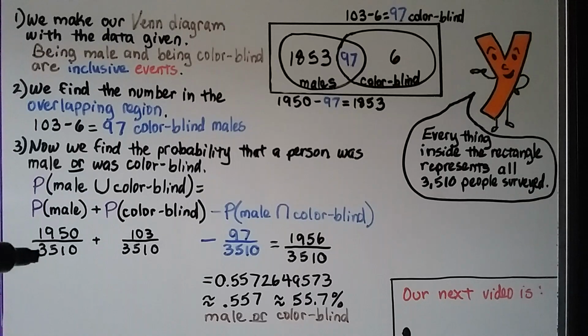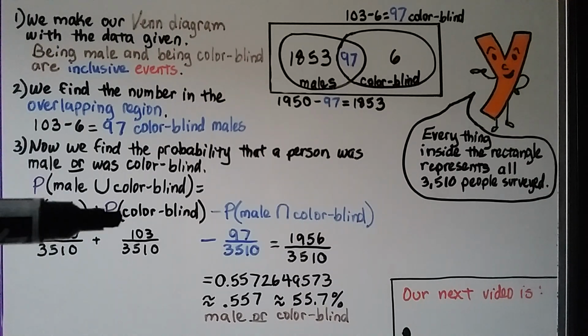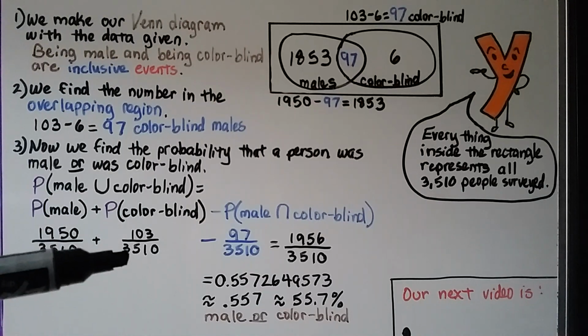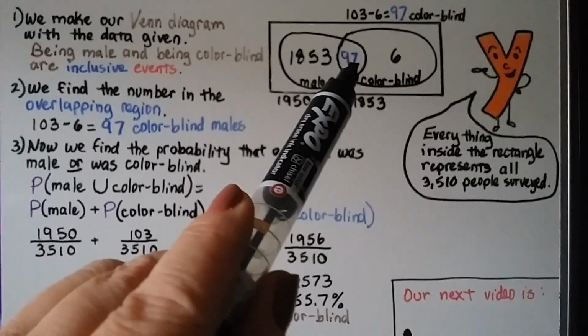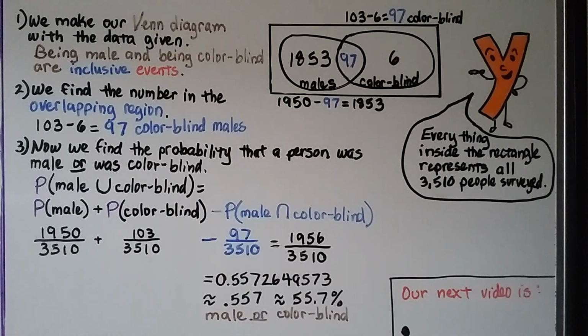The total was 3,510. So we do this number on top of this number. Then we add the 103 colorblind people on top of the total of 3,510. And we subtract this number, 97, for the colorblind males divided by the total of 3,510.